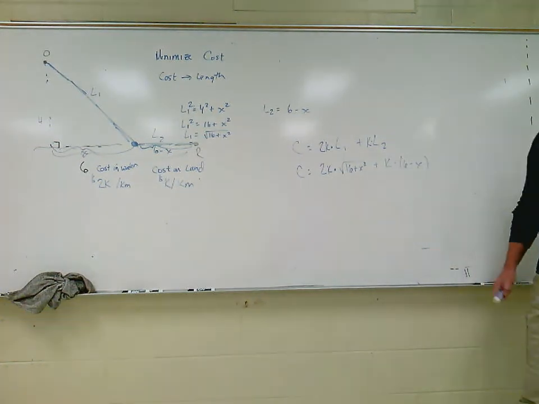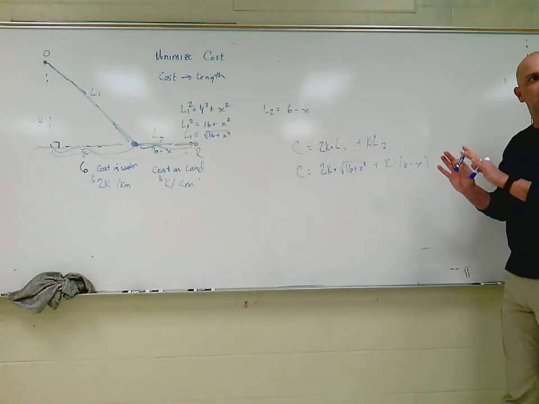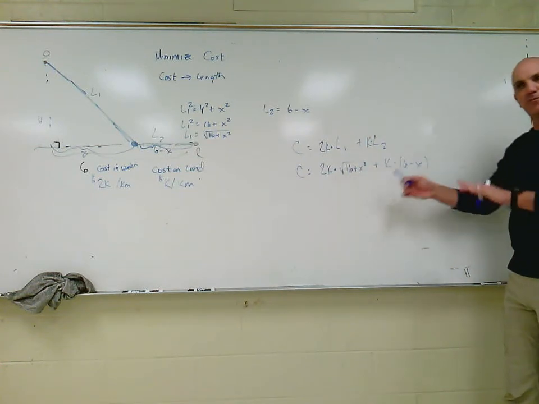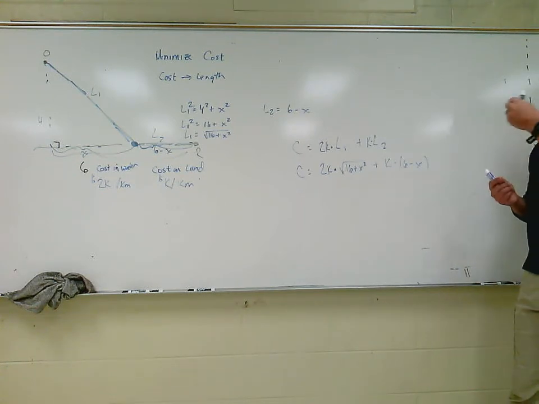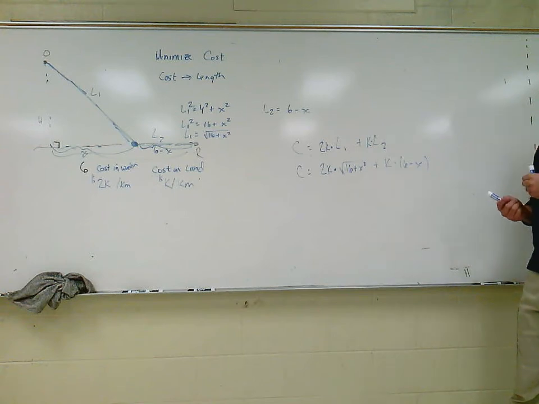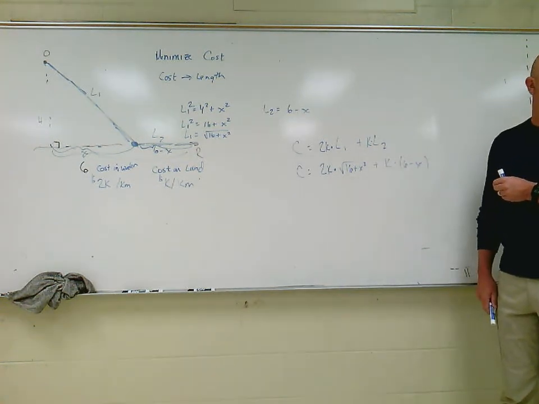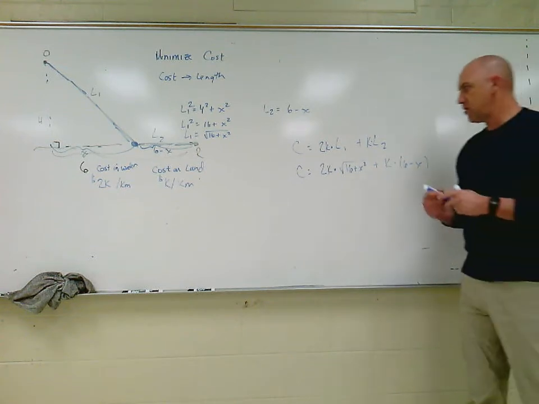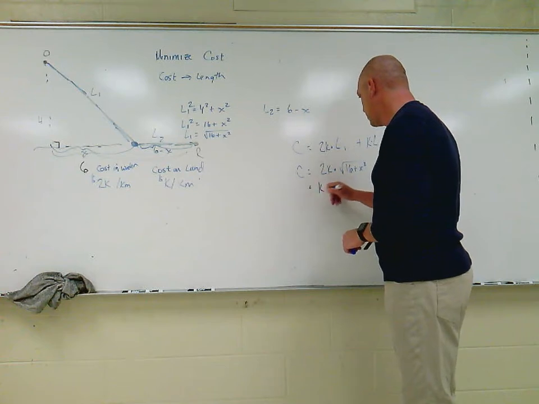I can tell you, you can leave it alone, because think, what's going to end up happening? When you do maxes and mins, you take your derivative, you set your derivative equal to 0. And you're going to get rid of your K. It's a constant. First thing you do is divide by K. So what I'll do is I'll just factor out a K.